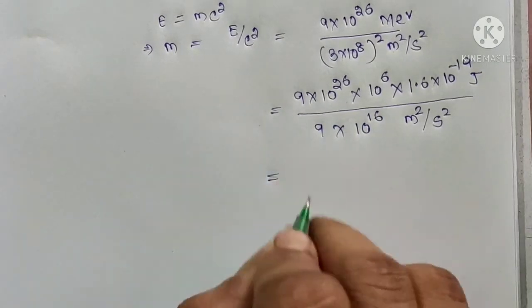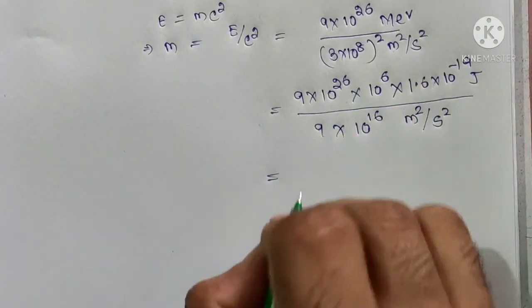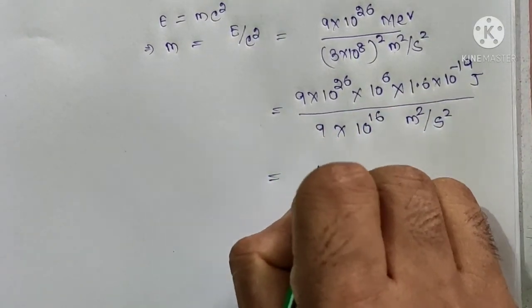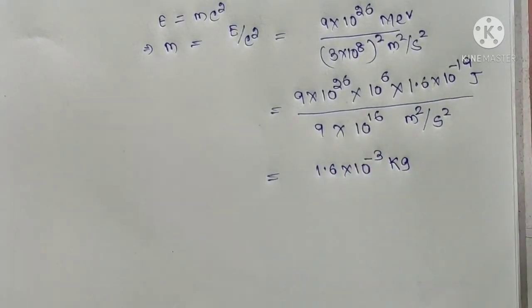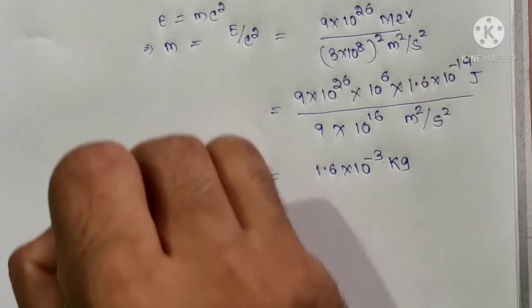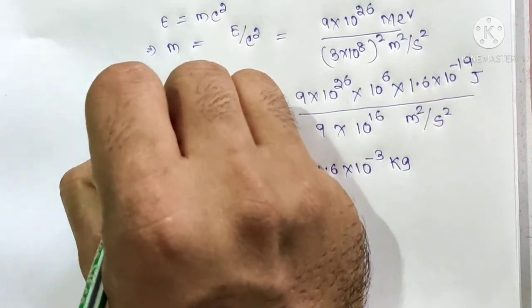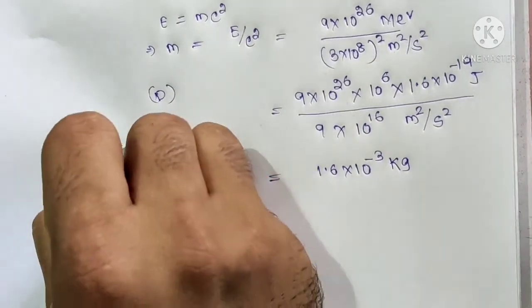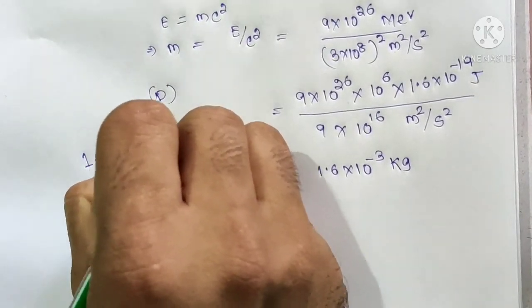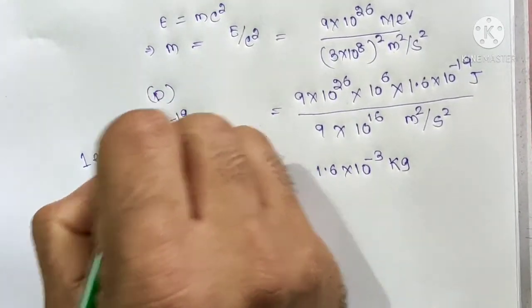So calculate it, equal to 1.6 into 10 to the power minus 3 kg. So your correct option is option D. देखो, ये यूनिट कन्वर्सन याद रखना कि 1 इलेक्ट्रॉन वोल्ट इक्वल टू 1.6 into 10 to the power minus 19 जूल.